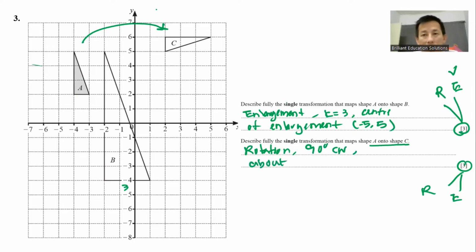Now we find the center. Take this point, here.